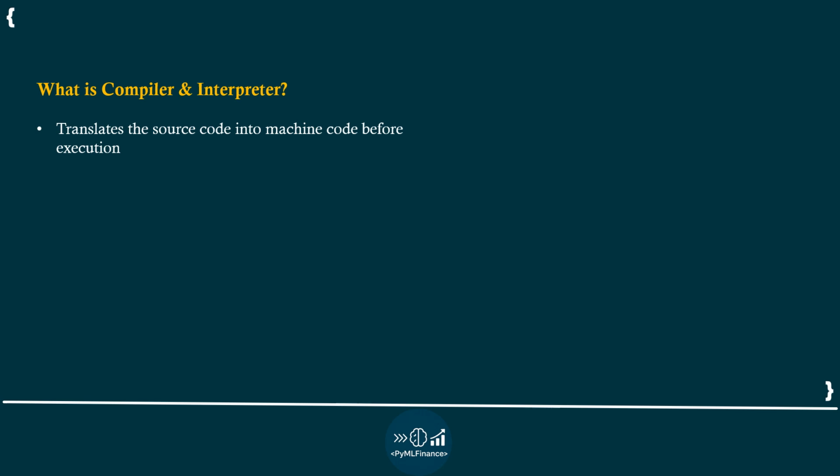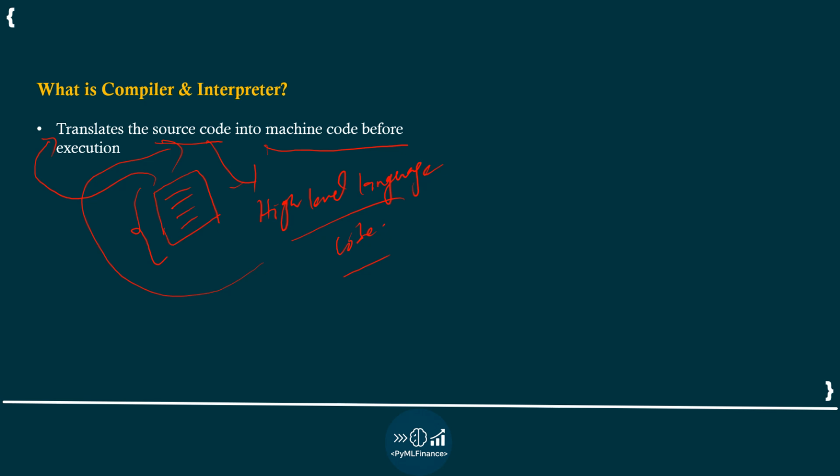They are nothing but a set of code, a set of instructions written to translate the source code, the high level language code that we write, into machine code before the machine starts executing our instructions.